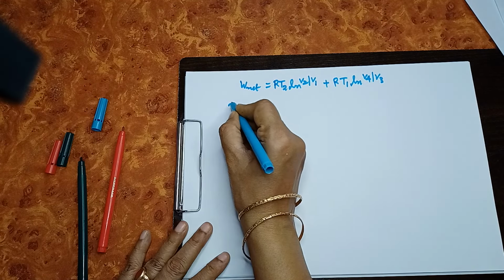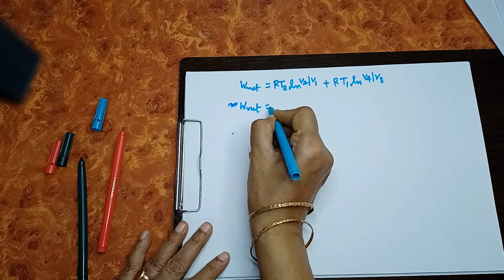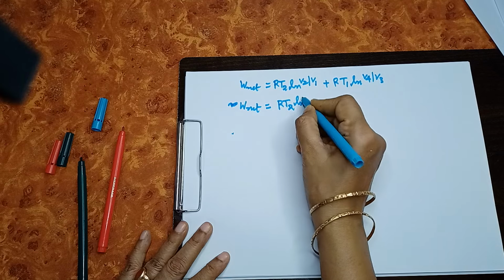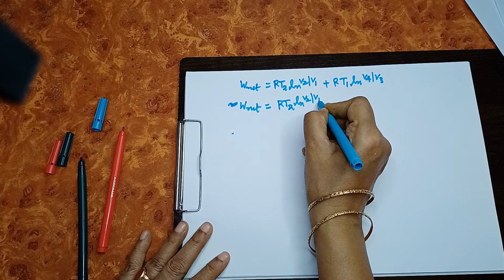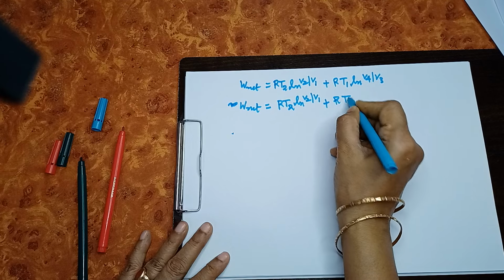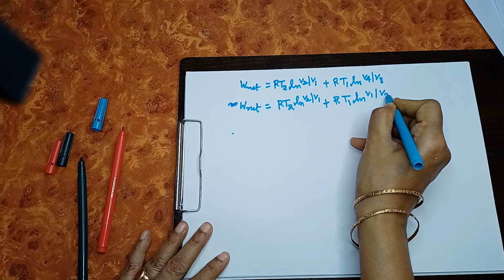So now I can write W net is equal to RT2 ln V2 by V1 plus RT1 ln V1 by V2.